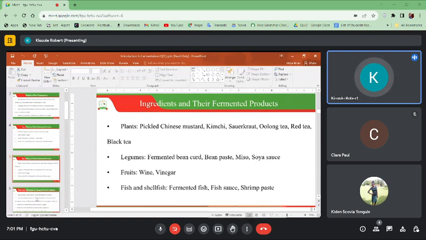So for these legumes, people want fermentation for improvement in digestibility and also improvement in the nutritional value of that product.